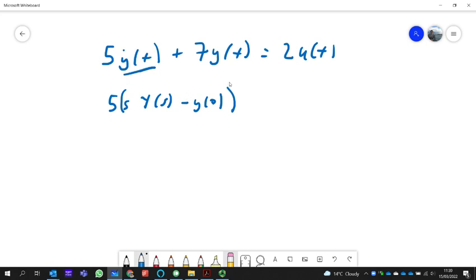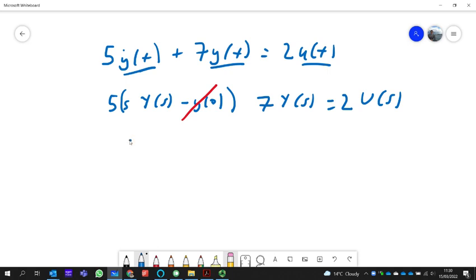And then we want to take the Laplace transform of this bit, and that just goes to 7y of s. And then we want to find the Laplace transform of our u of t, which is just 2u of s. Now the question says that all initial conditions are 0, so that goes.